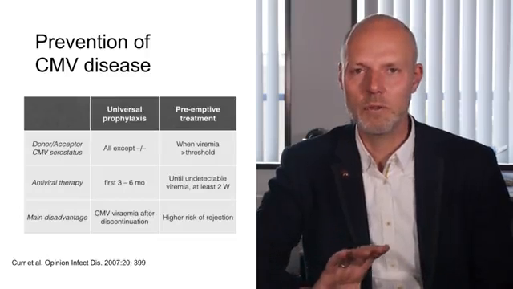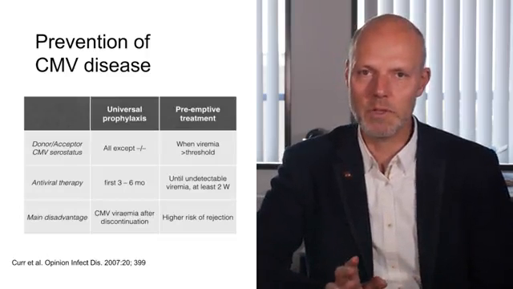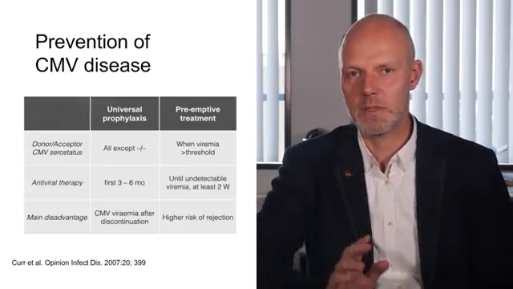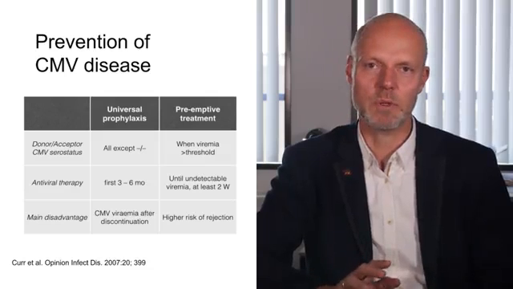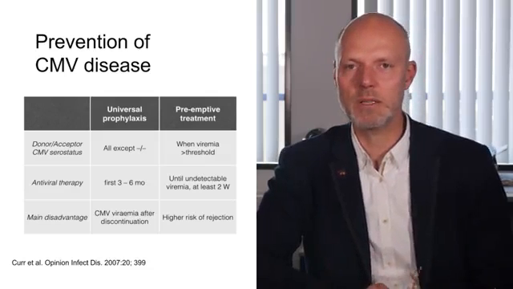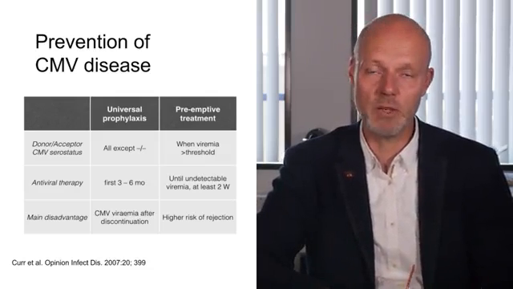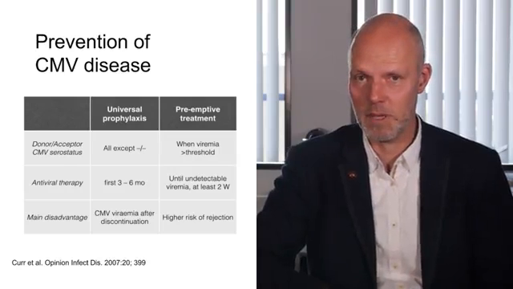So how can we prevent this from happening? There are currently 2 strategies to prevent CMV disease with antiviral therapy. First, universal prophylactic treatment of all recipients from 3 to 6 months, depending on the risk. Secondly, preemptive treatment as soon as a certain asymptomatic viral replication threshold, determined by polymerase chain reaction or PCR, is reached.